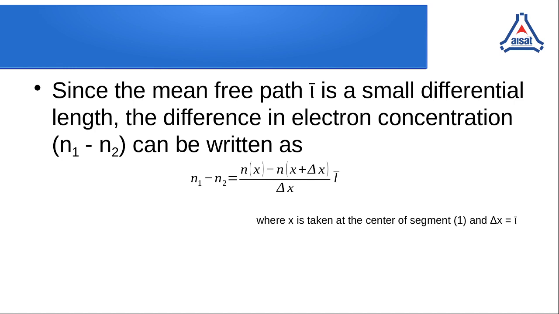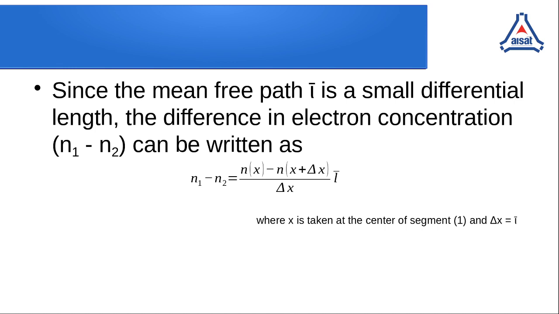Suppose L bar is a small differential length. We know that it's a small length L bar. We could write n1 minus n2 as equal to n of x minus n of x plus delta x, by delta x, into L bar.